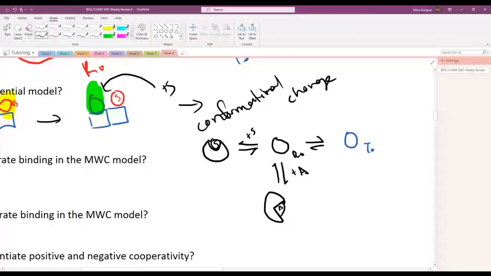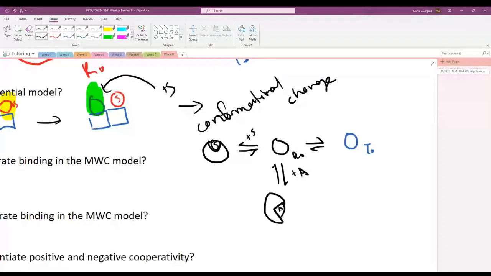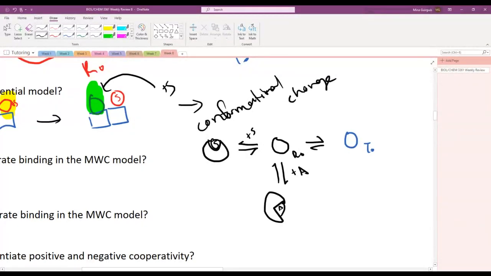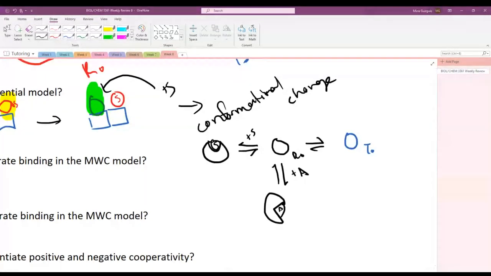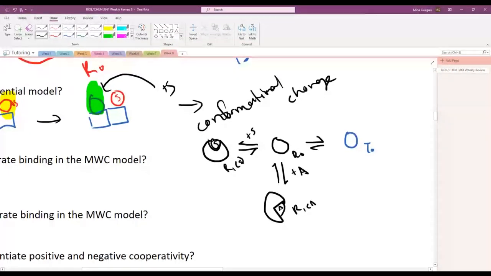Or it can bind to both, but I'm not going to finish that triangle. When it binds to either of these, it becomes R1S or R1A, the S and the A being the substrate and the activator respectively, and the R1 being one thing has bound rather than 0, which is what R0 is.